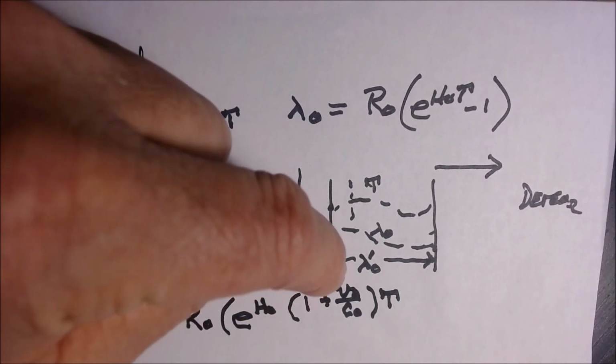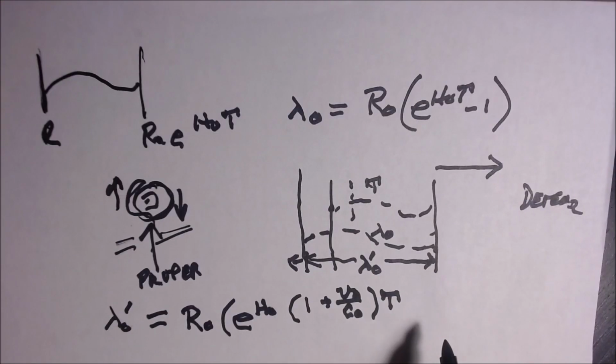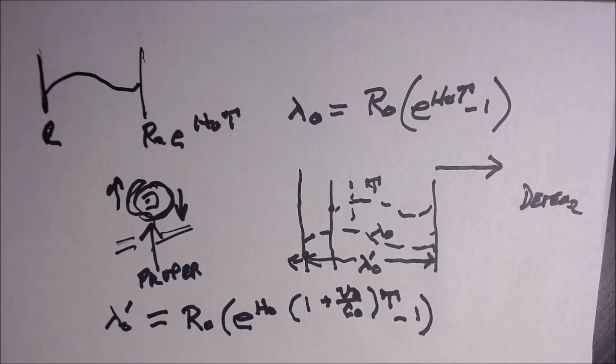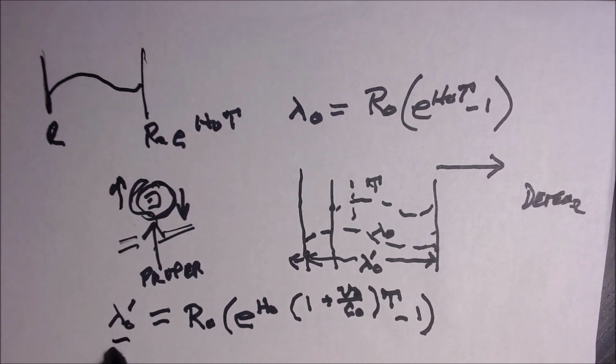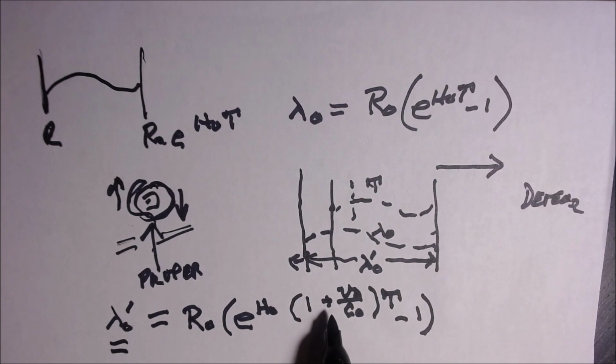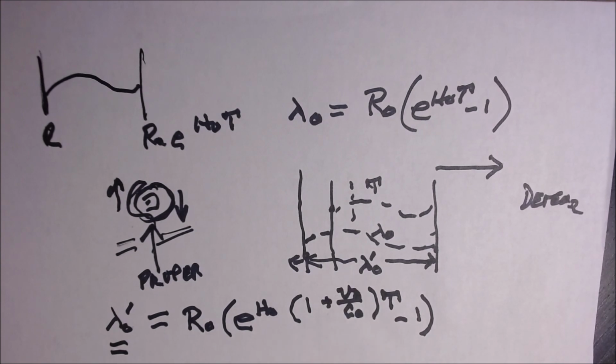And what that says is, you're adding this component exponentially, by the way, times tau minus 1. Okay, that's the different form of the initial wavelength. This is the initial wavelength when the source is moving, and the source is moving away, so this is plus v0 over c0. If it were less than that, it would be minus v0 over c0. But this is the form it takes.